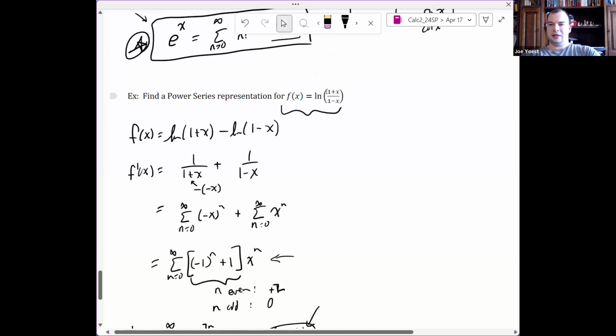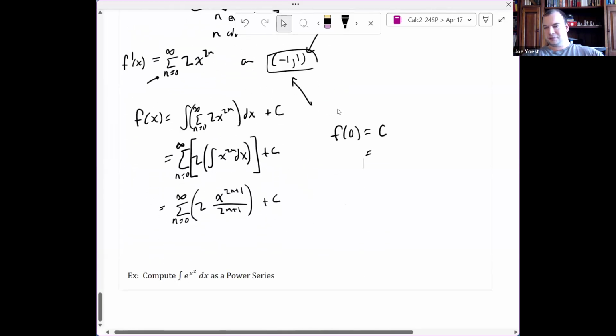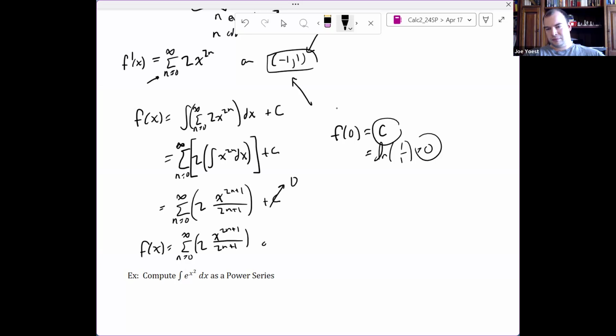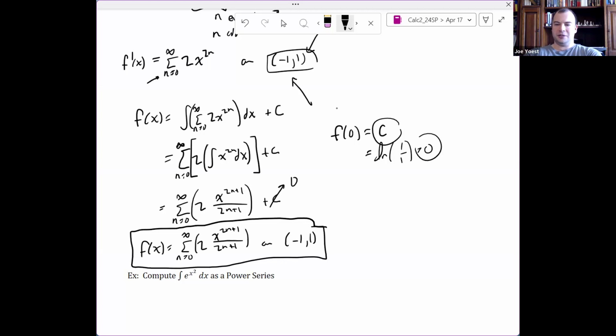And on the other hand, it's log of (1 plus 0) over (1 minus 0), or log of 1 over 1 is 0. So c is just 0. Or I have that f of x is just that series on the open interval negative 1 to 1.